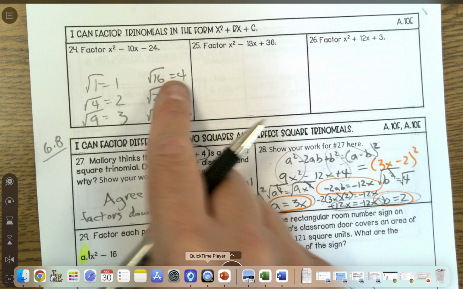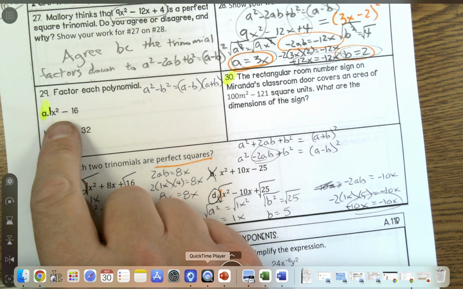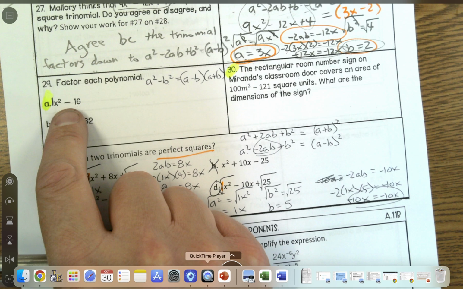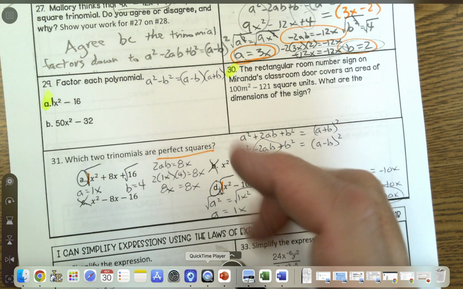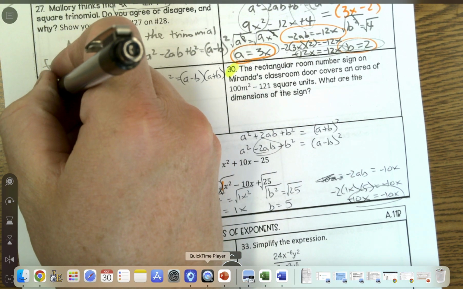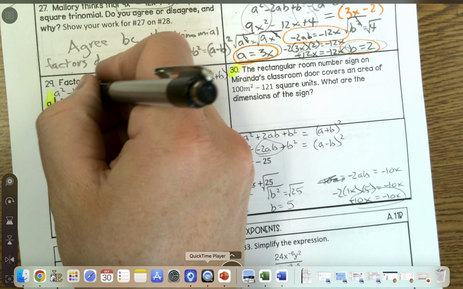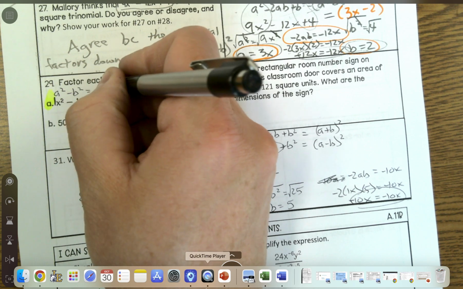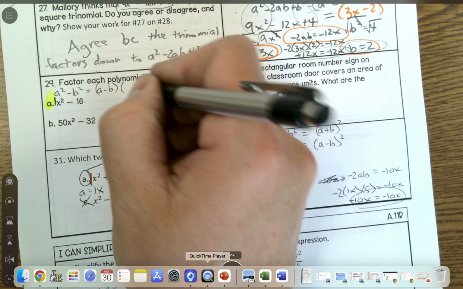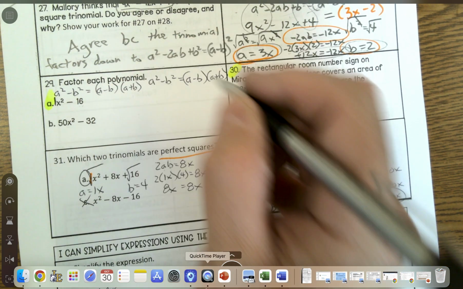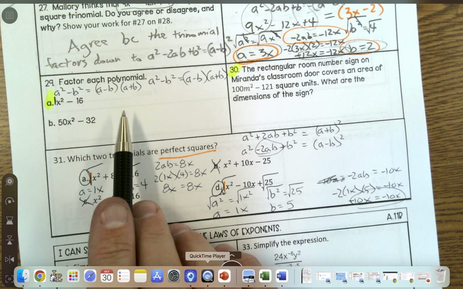And we're subtracting perfect squares here. So on this one, this is my a squared minus my b squared. And they want me to factor it down to an a minus b and an a plus b. And again, we should see the lesson on Thursday first before you do this, or you can watch the videos on Canvas.